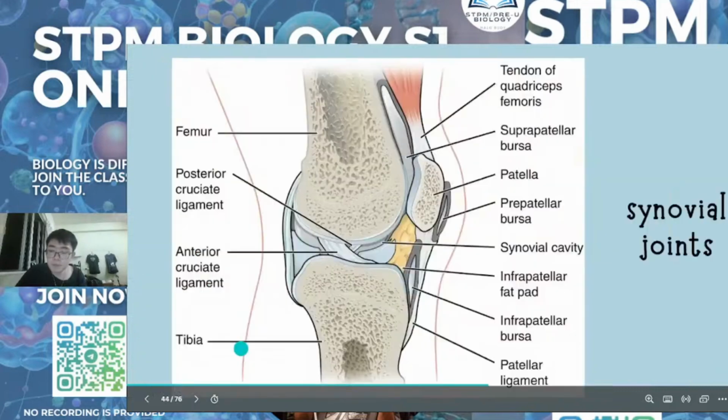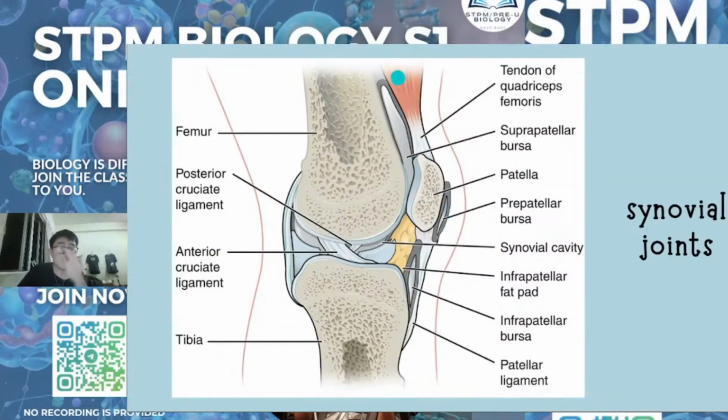Okay, this one I give a bit more structure for tendon and ligament. So this is the tendon. The tendon joins the muscle at the outside, and also the bone. And then this is our ligament.